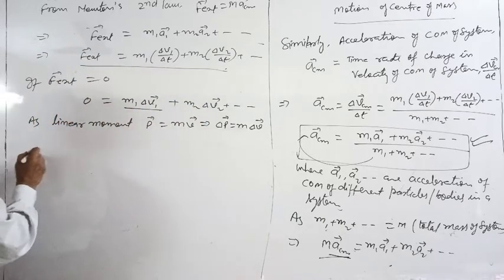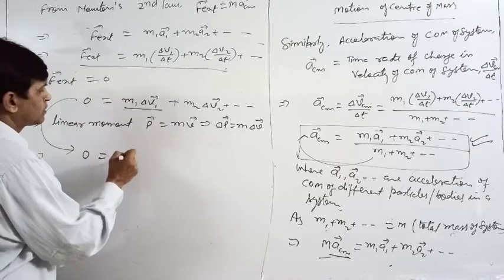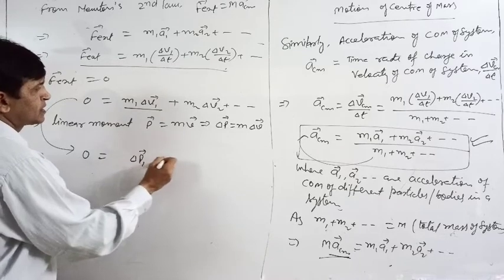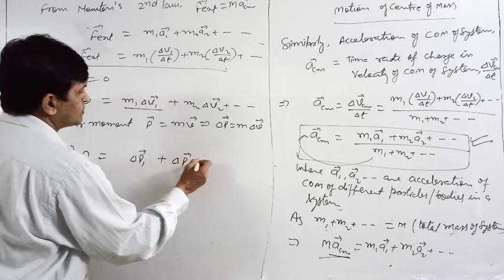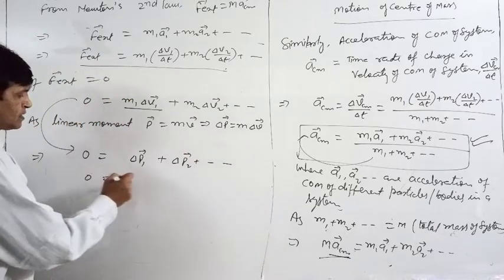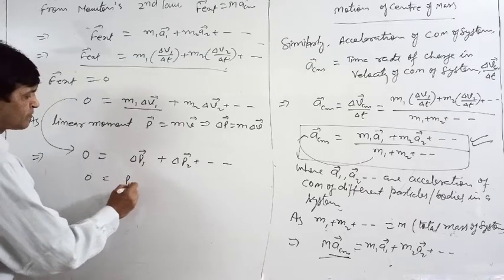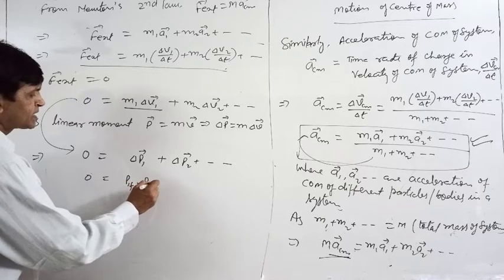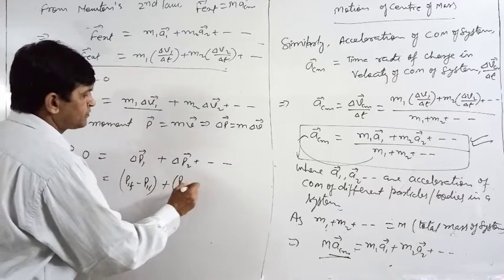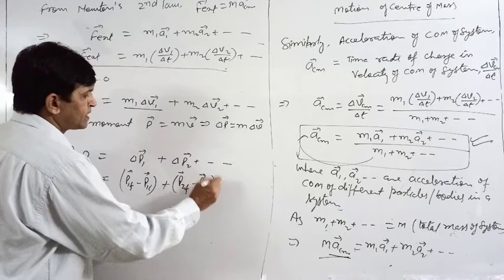So this equation can be written as 0 is equal to delta P1 plus delta P2, where delta P1 means P1 final minus P1 initial, plus P2 final minus P2 initial.